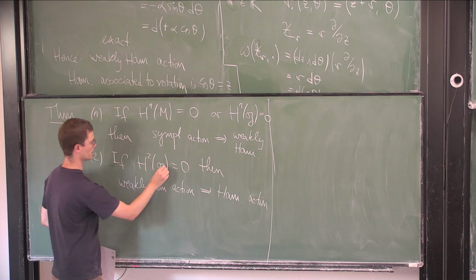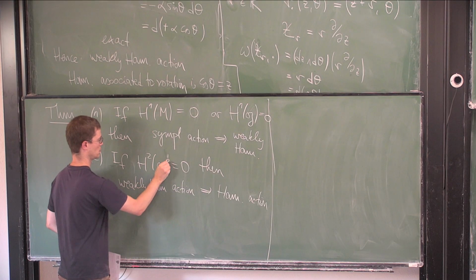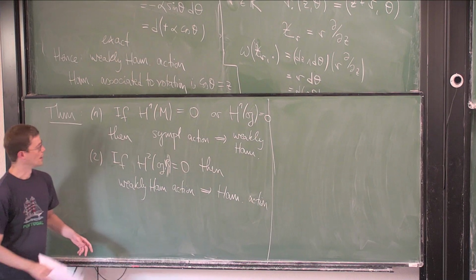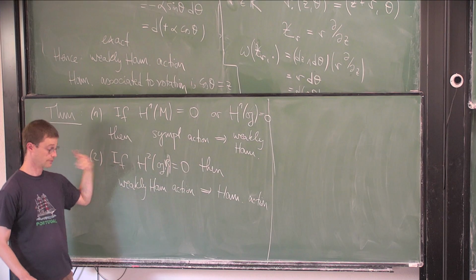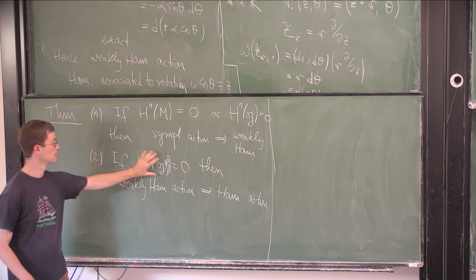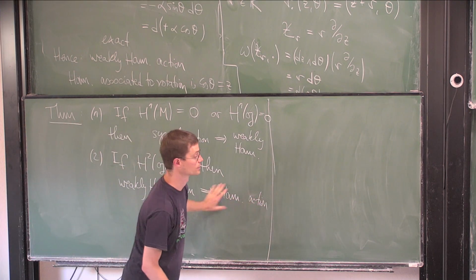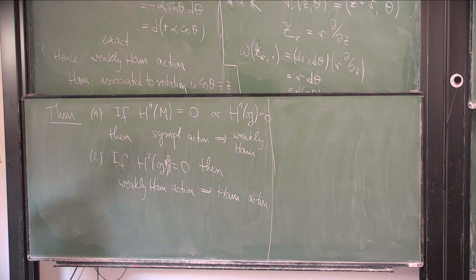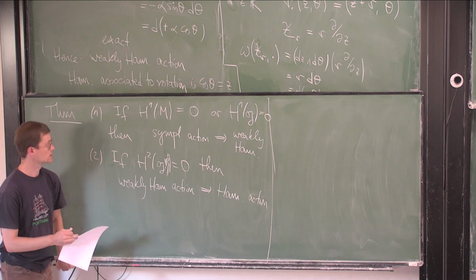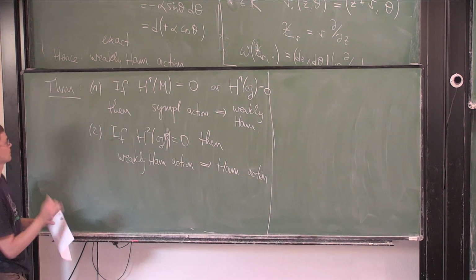So probably I should put R here. And so this statement means that if all these cocycles are coboundaries, then you can always find a choice such that our relation holds.